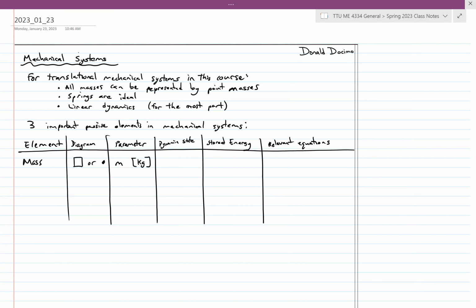Not quite. Not potential. Maybe in some senses you could argue that mass has potential energy. Masses are associated with a different type of energy. Kinetic, right? Kinetic energy. What's the equation for kinetic energy for a mass?